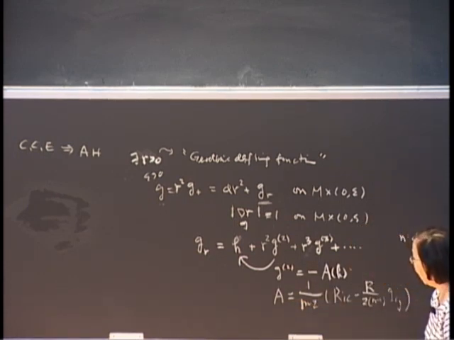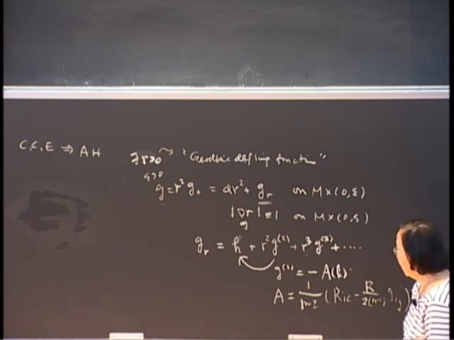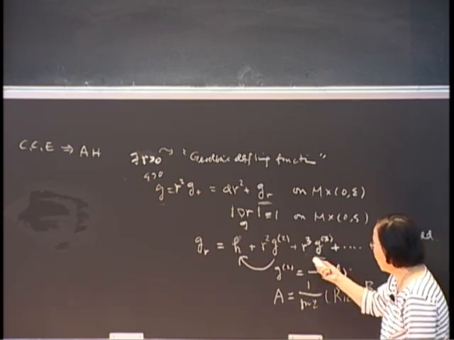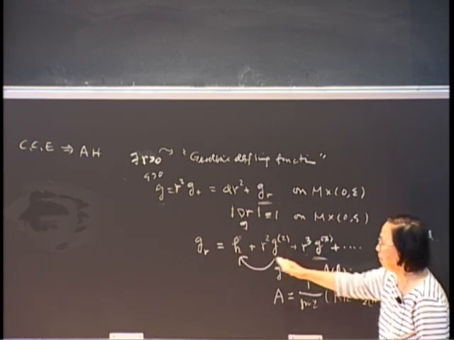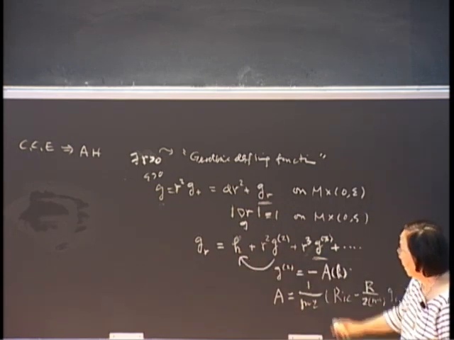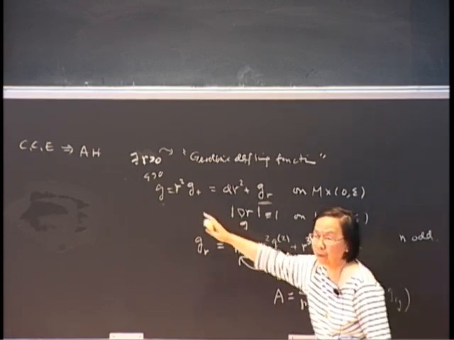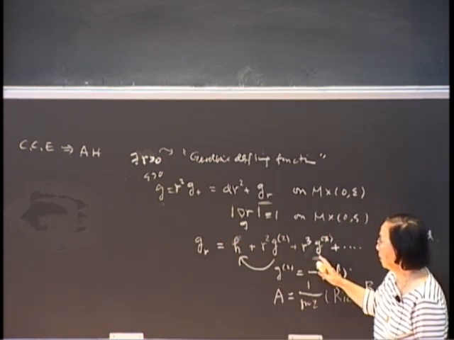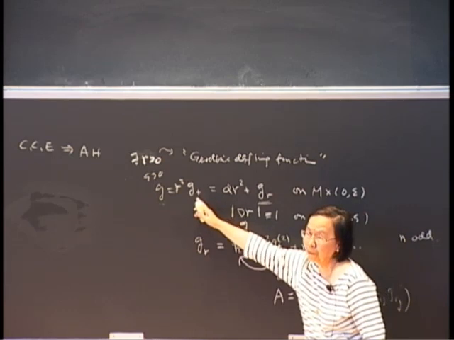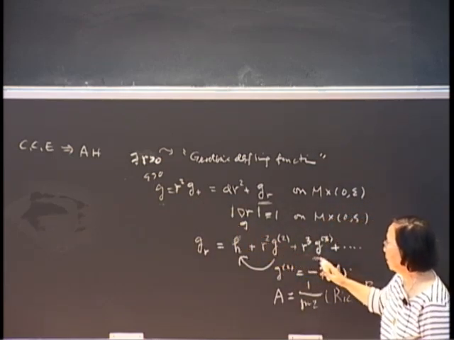Okay. But it's also known that in this expansion, the information of G3 does not come from H. The expansion G3, of course, is determined by G+, but there is a possibility that a different G+ corresponds to a different G3.